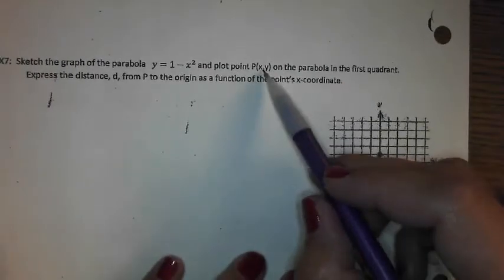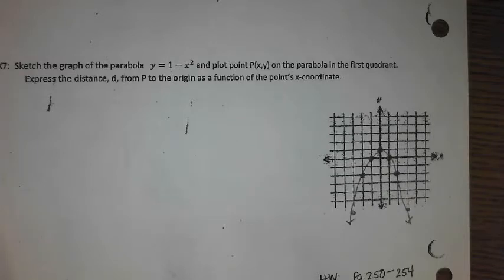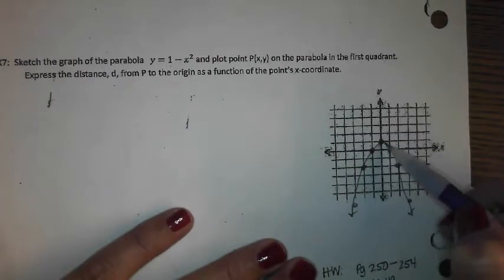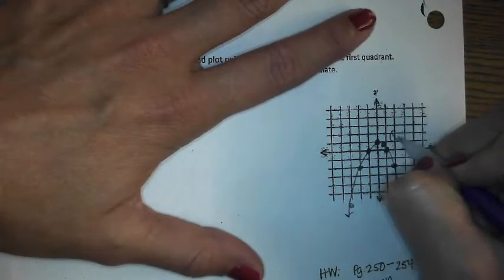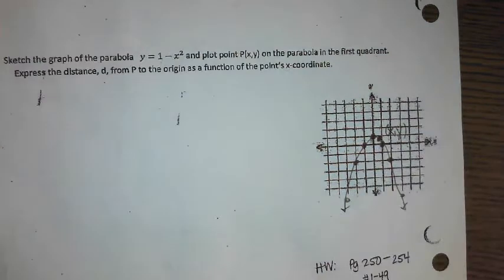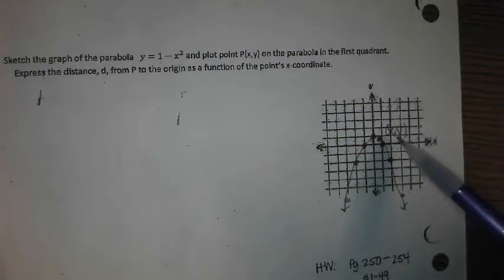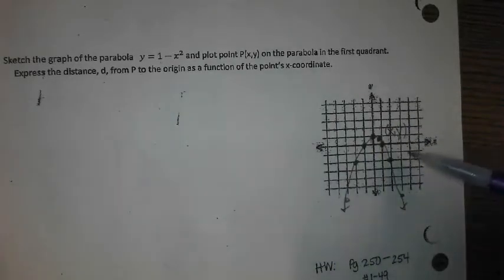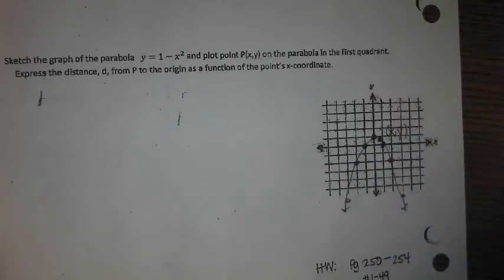So they want us to plot a point on the parabola in the first quadrant, which there's really not much room to do because it only is in the first quadrant for this little sliver. But let's plot a point XY in the first quadrant. They want us to express the distance from that point P to the origin as a function of the x coordinate only.